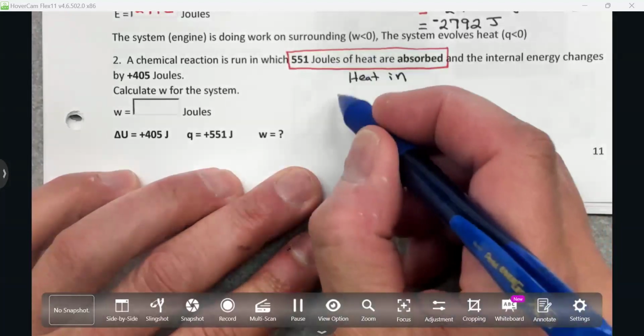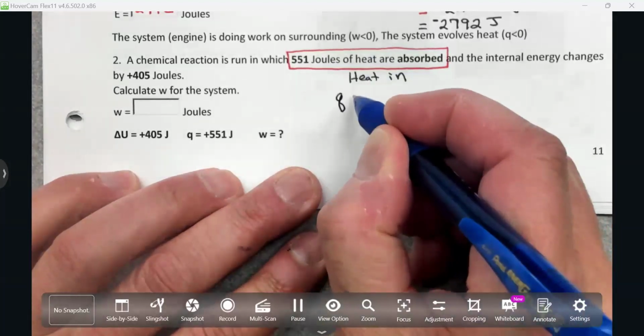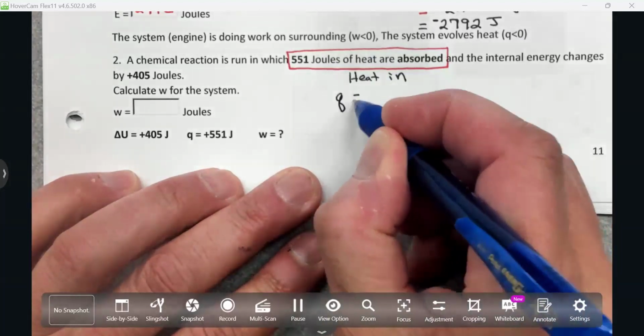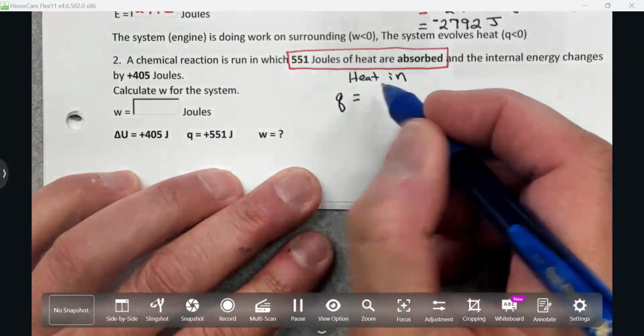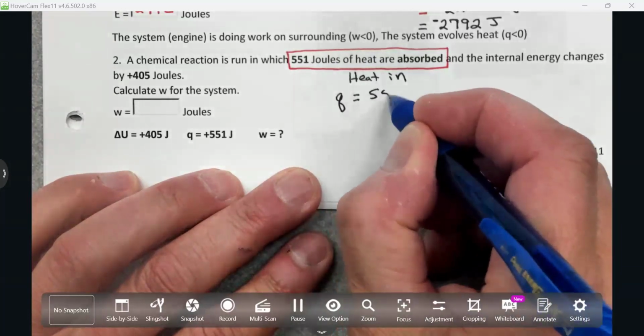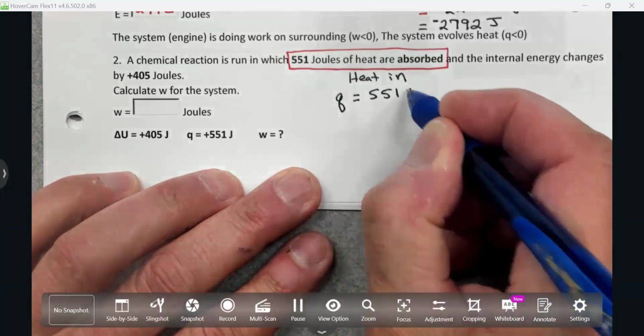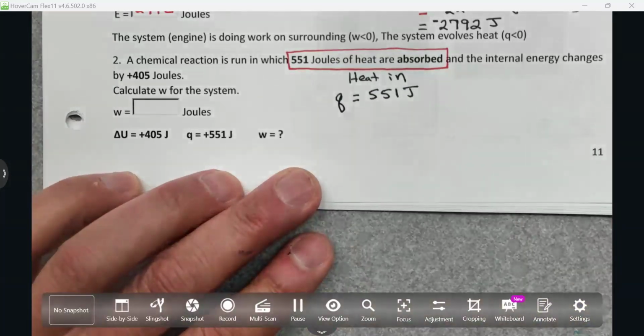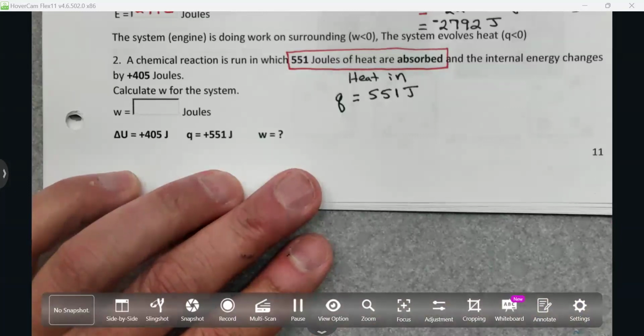Heat is Q, so Q going to be positive or negative? Heat in. Positive. 551 joules.